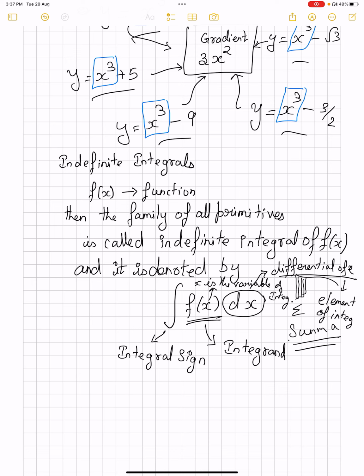The process of finding an indefinite integral of a given function is called integration of a function. So this is all about indefinite integrals.